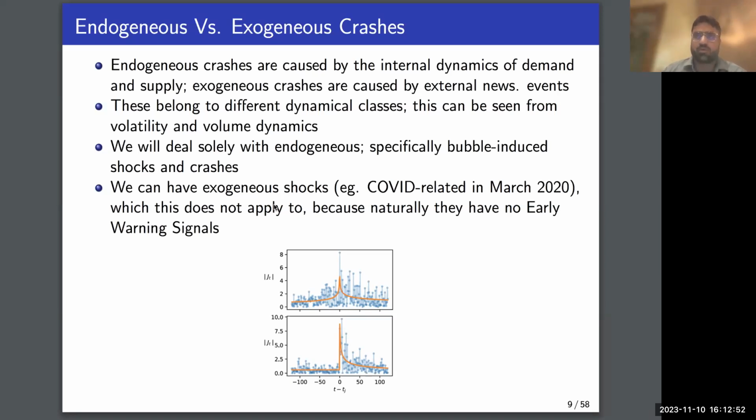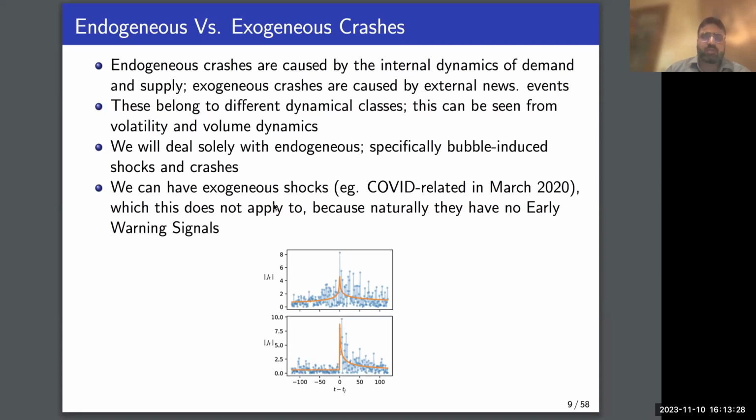In particular, you can look at volume rise and fall before and after shocks, and you see that in shocks that you may characterize as endogenous, there is more or less a symmetric increase and decline of the volume, and both can be modeled by power laws with very similar scaling exponents. But in the case of exogenous shocks, you find that the volume spikes with a power law with a very large exponent, but it decays much more slowly with a smaller exponent.